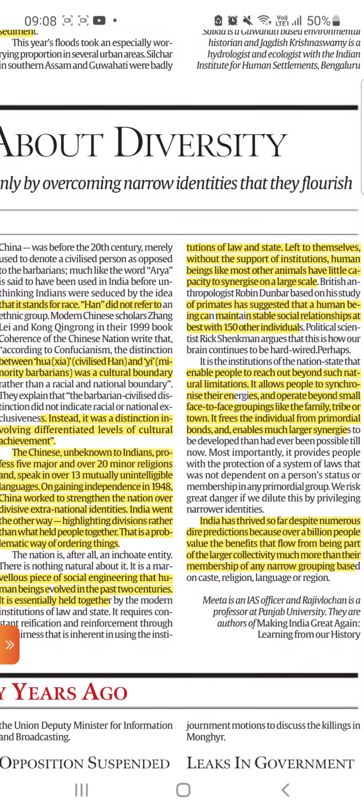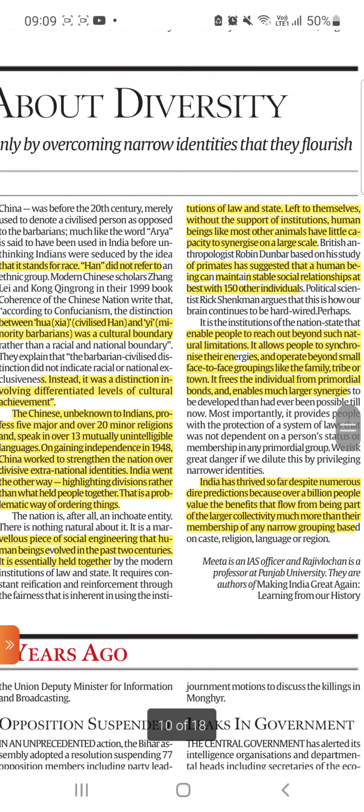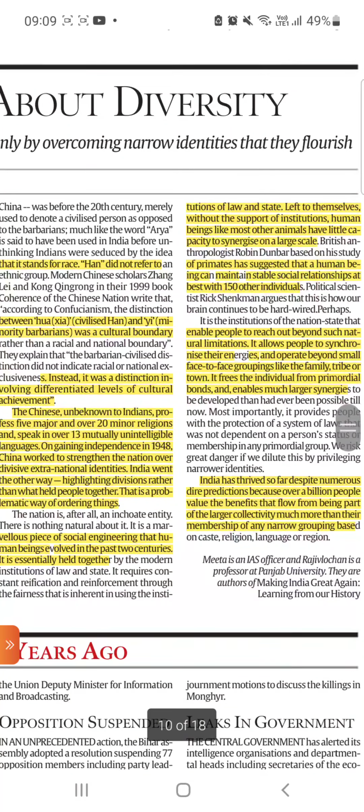British anthropologist Robin Dunbar, based on a study of primates, has suggested that human beings can maintain a stable social relationship at best with 150 other individuals. It is the institutions of nation states that enable people to reach beyond such natural limitations. It allows people to synchronize their synergies and operate beyond small face-to-face groupings like the family, tribe, or town.